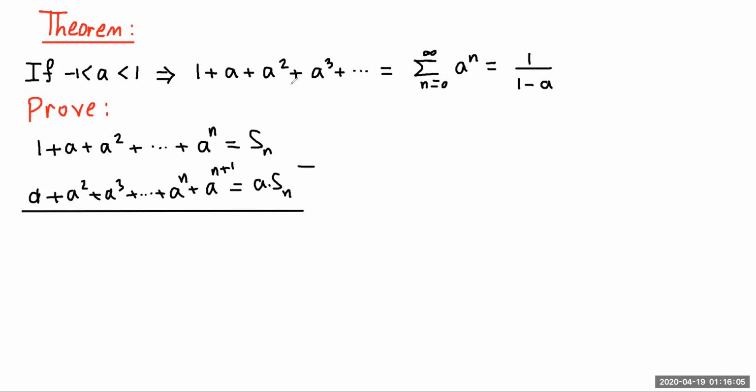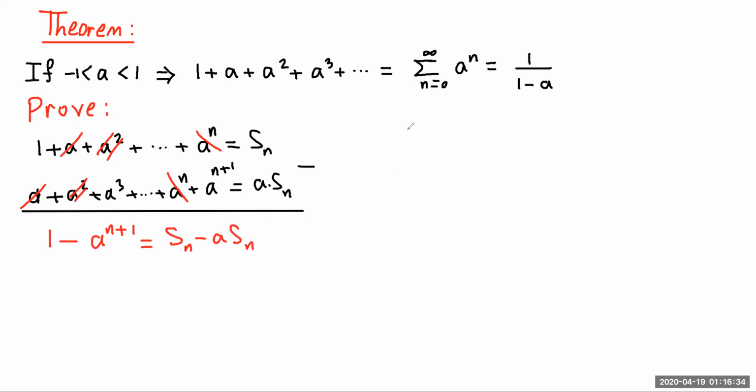After subtraction, after cancellation, we cancel a with a, a power 2 with a power 2, a power 3 as well, and also a power n with a power n. So I will have 1 minus this term a power n plus 1 equals Sn minus a Sn.